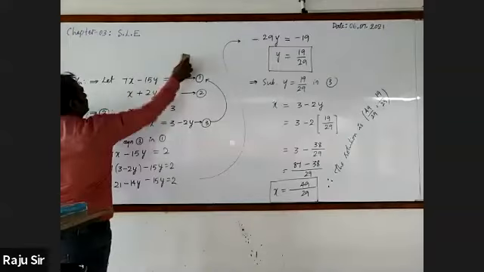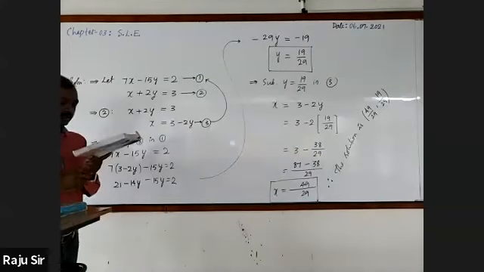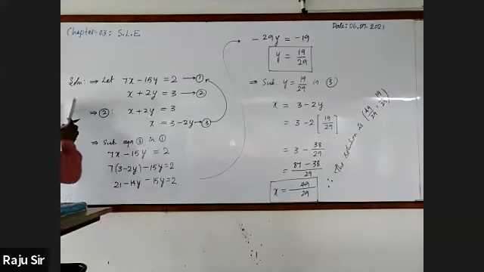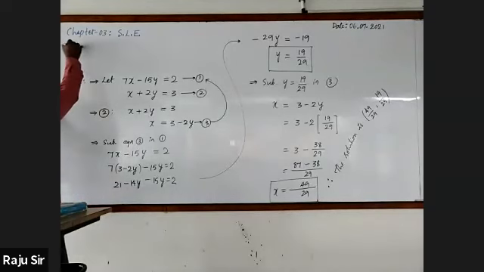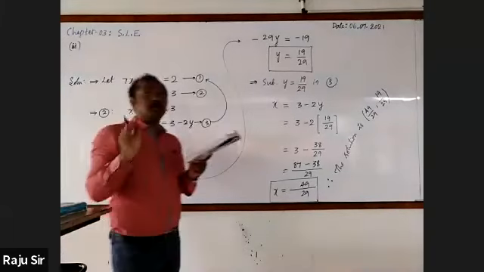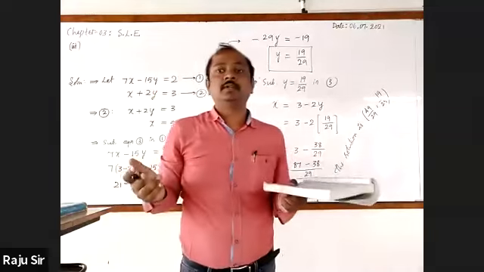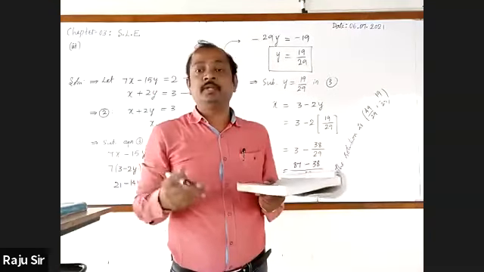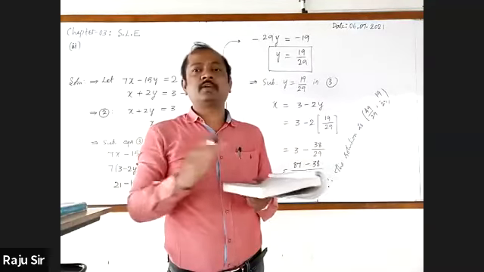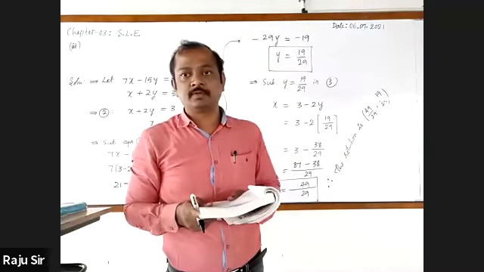Third sub-question, again it is from the textbook, right? There is no need to go for taking only x and y. In place of that, they may give even m and n, a and b, p and q. These are commonly used variables.